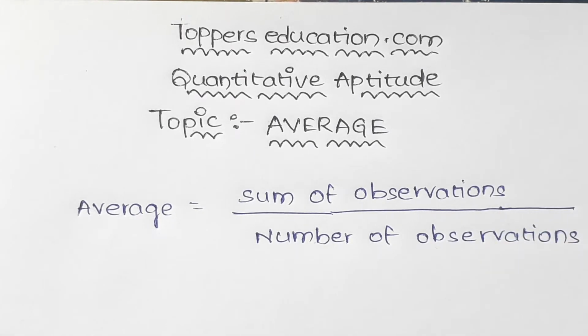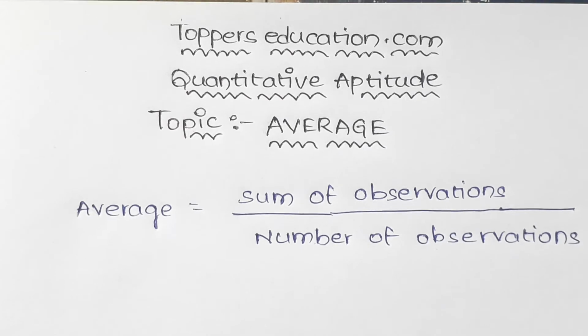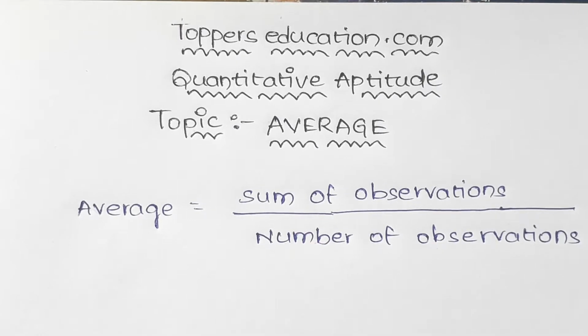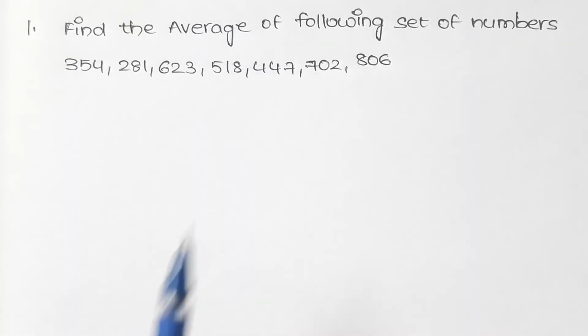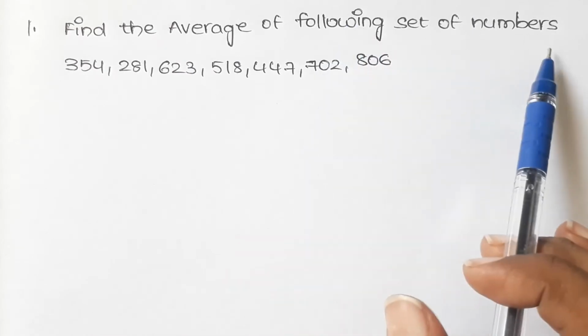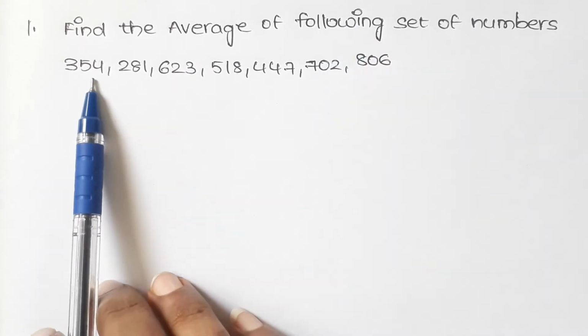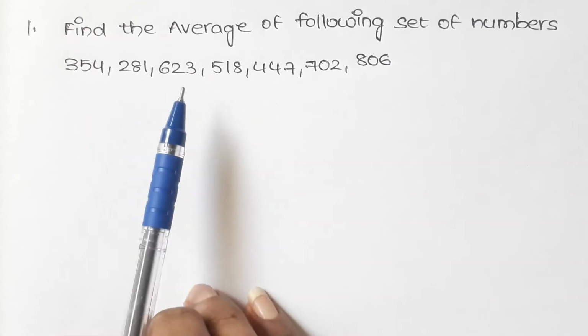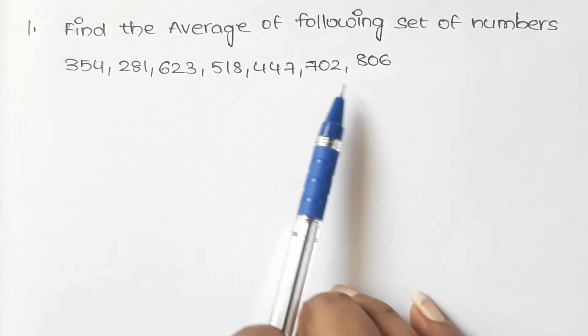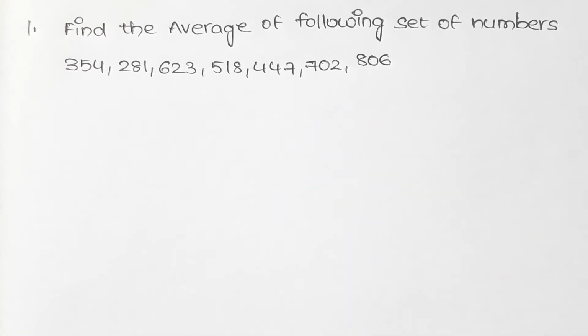And now let us discuss some of the problems on this average. Let us see one question per model. Here is the first question: find the average of the following set of numbers, that is 354, 281, 623, 580, 447, 702 and 806.